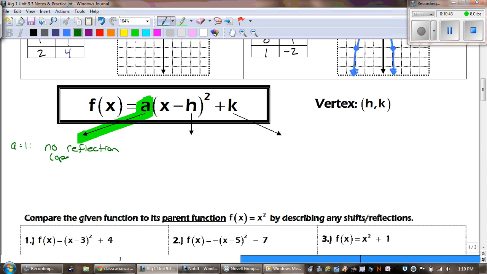It opens up. If you like to draw what it looks like, that's what we'll do. And if a equals -1, it means that there is a vertical reflection. And the vertical reflection means that it opens down.